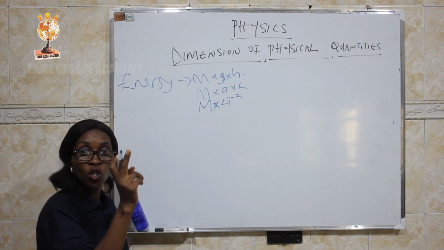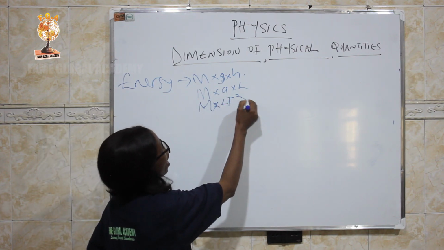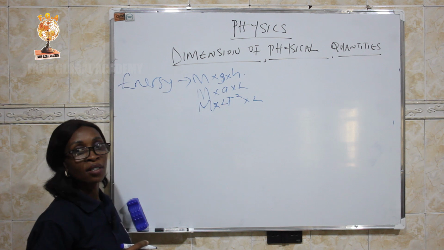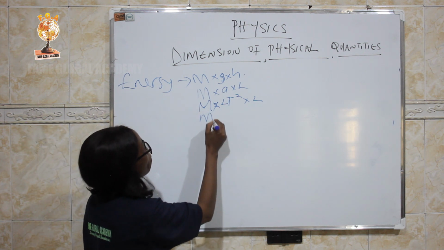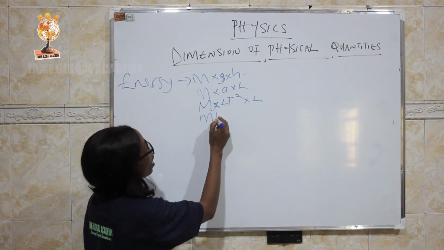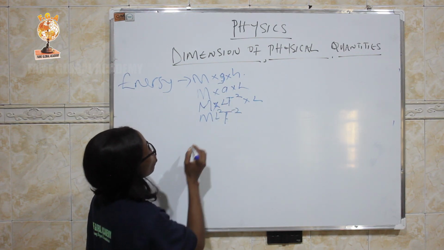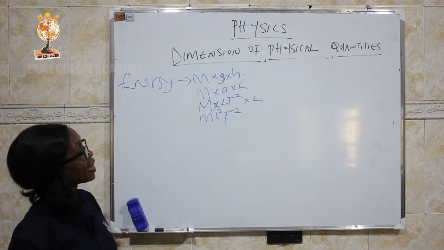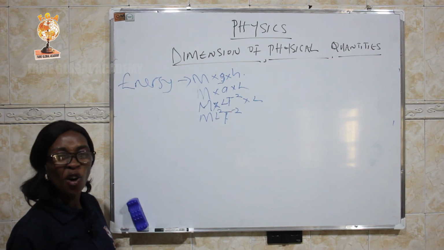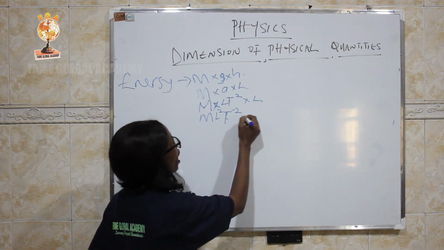Height is distance, L. Mass remains M. Remember, the acceleration is LT minus 2, and we multiply by L. So this becomes M times length squared, T minus 2: ML squared T minus 2. This is now the dimension for energy.